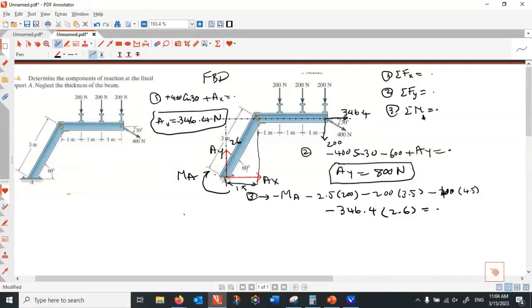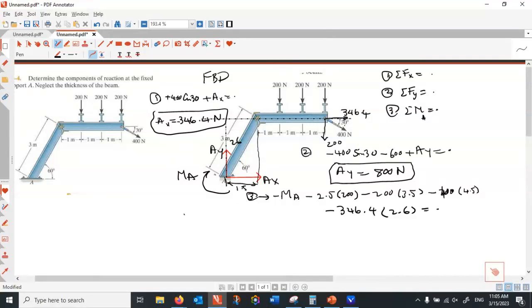Which one? X direction? All right, X direction. You might be right. With the X, we didn't include the, or we did. Right. So in this free body diagram, what are the X forces? The only X forces are AX and the component of 400 in the horizontal direction.